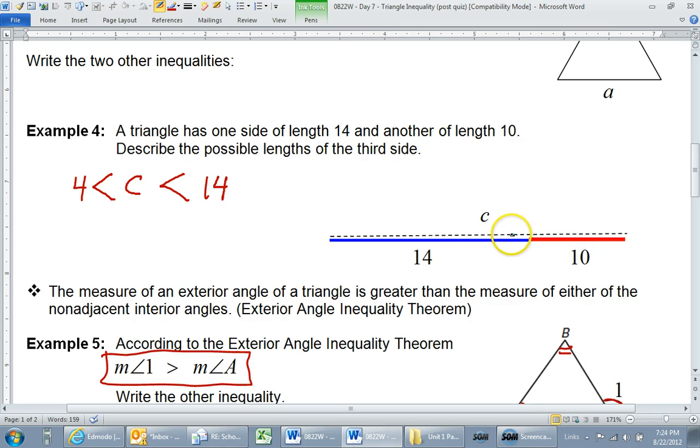But the bottom line is, if you have two sides of a triangle given, if you subtract them, you'll get the lower limit of the third side. If you add them, you'll get the upper limit of the third side. So the third side has to be between these. It cannot be 4, it cannot be 24, but it would be between those.